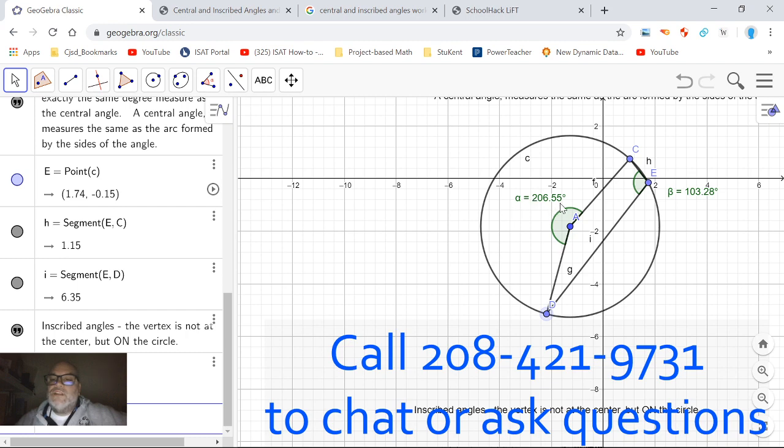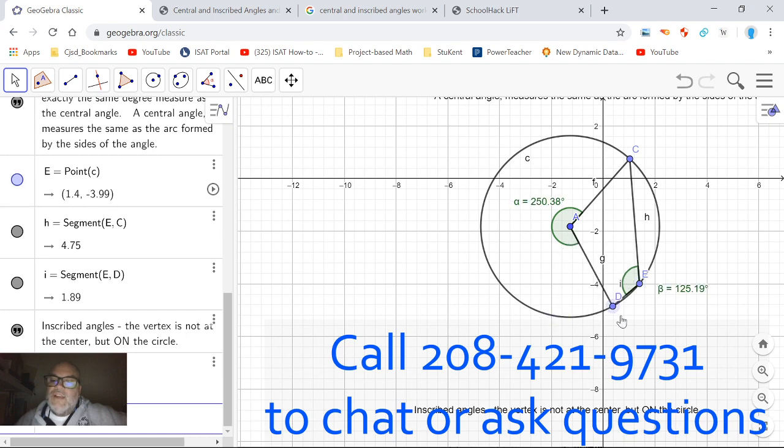So it's 206.55, and that's its central angle. Then this angle here is still half, 103.28, which is approximately half. So remember, we said a central angle could get as big as almost 360, right?